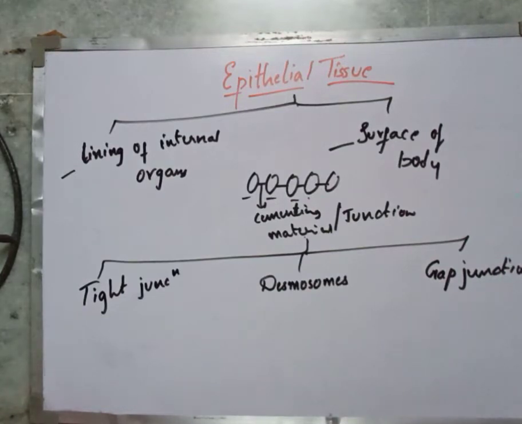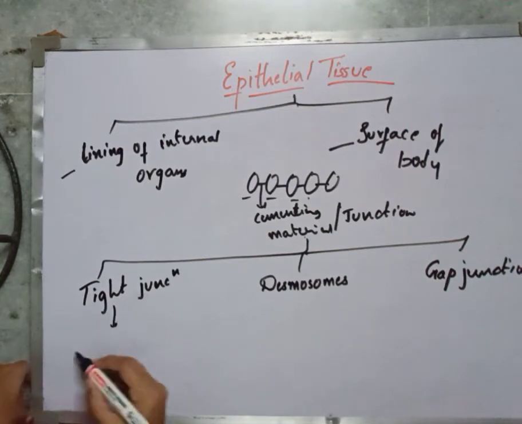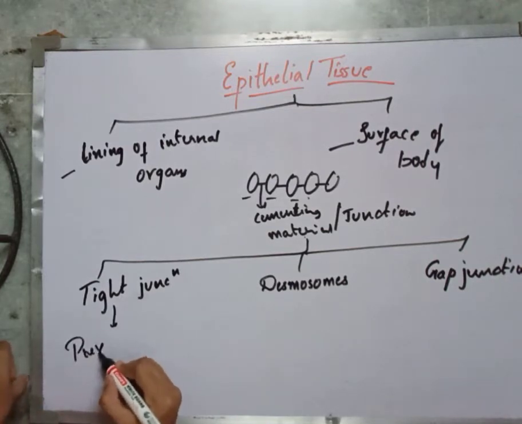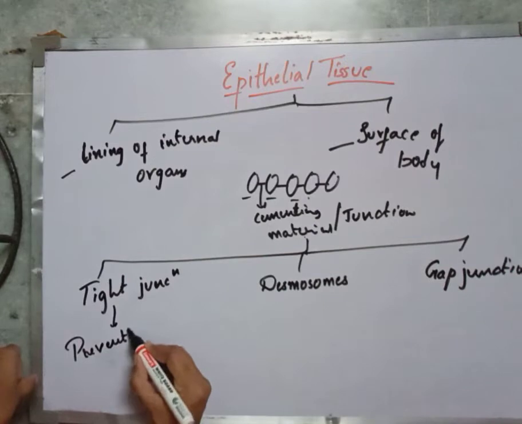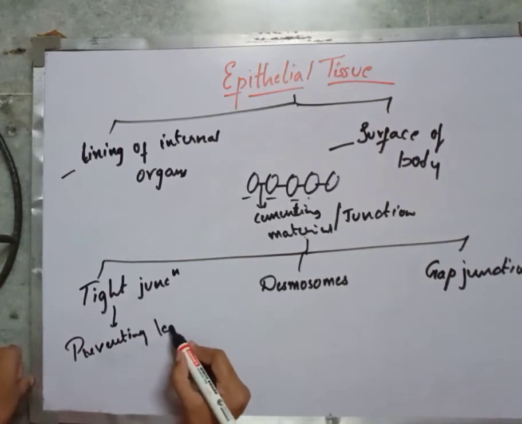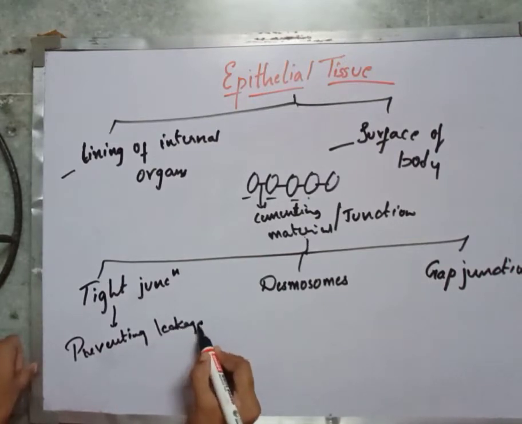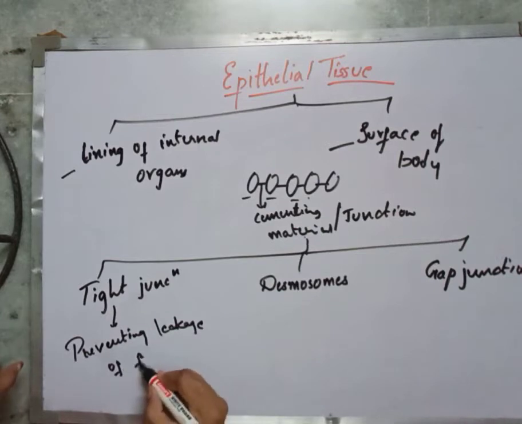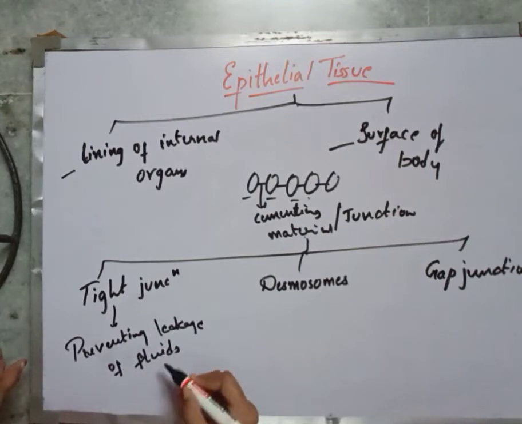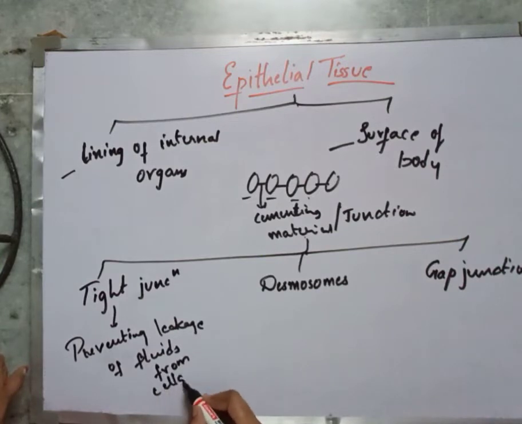Tight junctions are useful for preventing leakage of fluids from the cells. If we take sweat glands, they contain sweat and water.